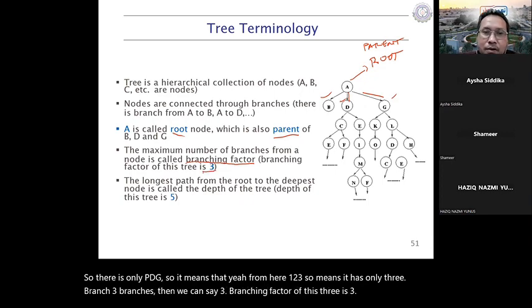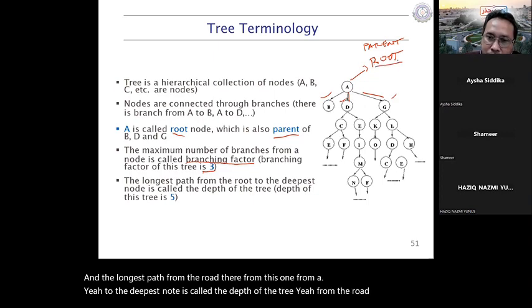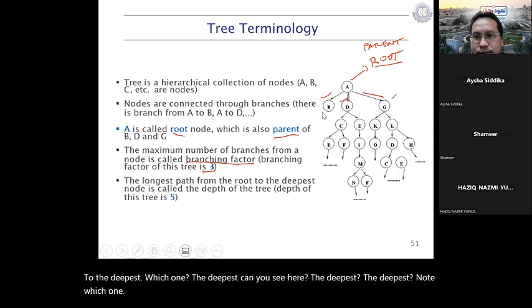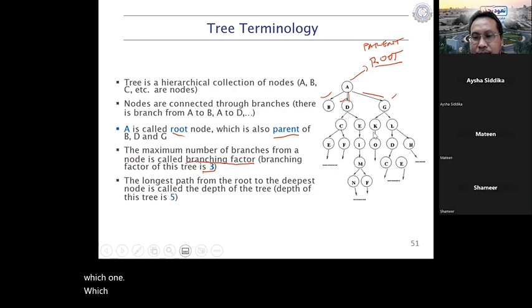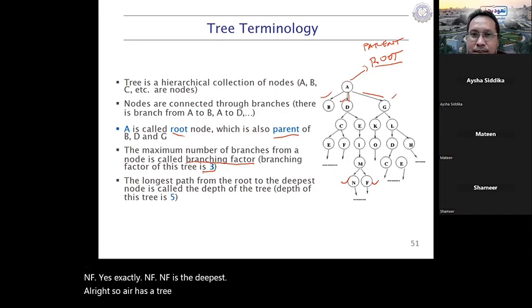And the longest path from the root, from A, to the deepest node is called the depth of the tree. Which one is the deepest? Can you see the deepest node here? N and F, yes, exactly. N and F are the deepest. So A has 3 branches, B, D, G, which we call the branching factor of 3.